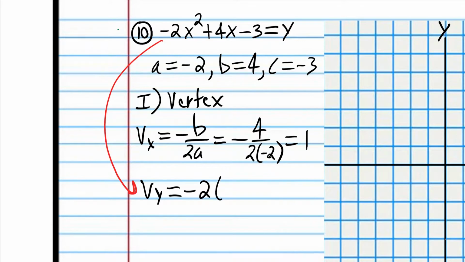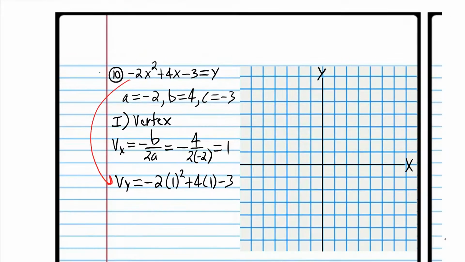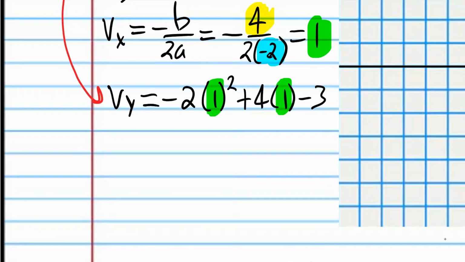And we get negative 2 times 1 squared plus 4 times 1 minus 3. And now we just simplify that. Negative 2 plus 4 is 2, minus 3 is negative 1. So the vertex is 1, negative 1.